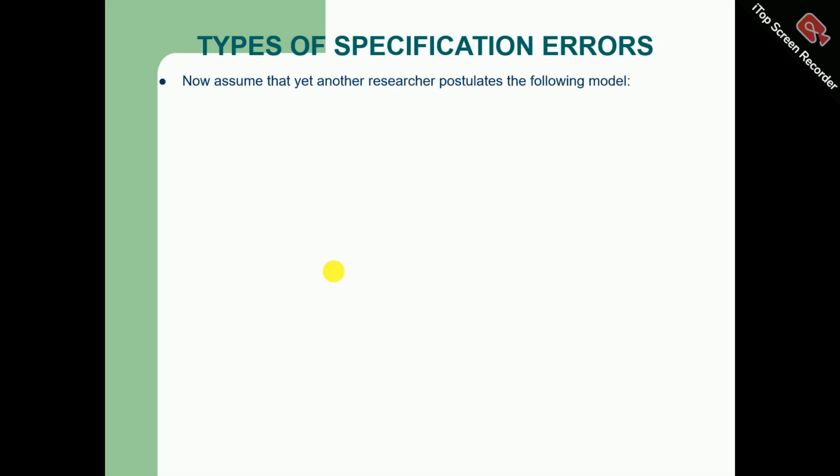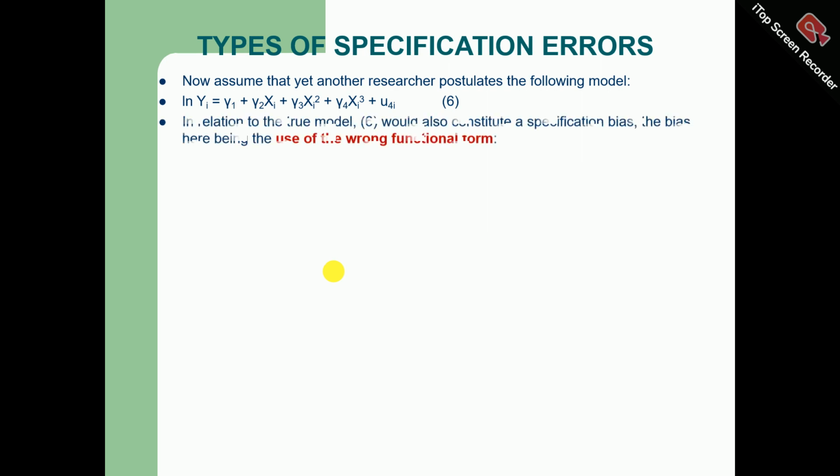Now assume that yet another researcher estimates the following model, and here instead of linear y we use the natural log of yi, and the rest of the model is the same as equation 1 in the previous slide.